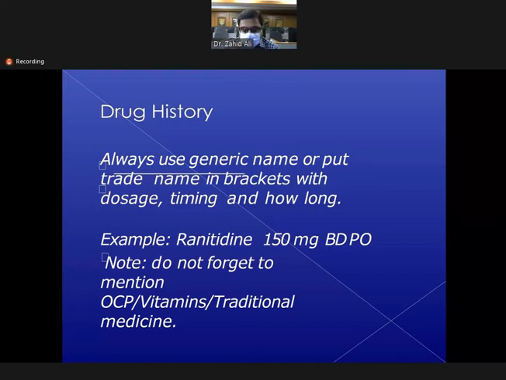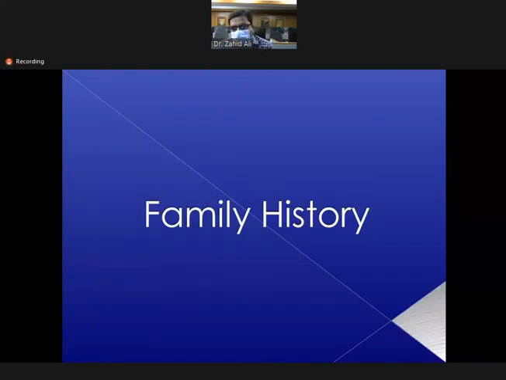And then comes family history. In family history, they will ask you whether there is any disease that runs in the families from the parental point of view.